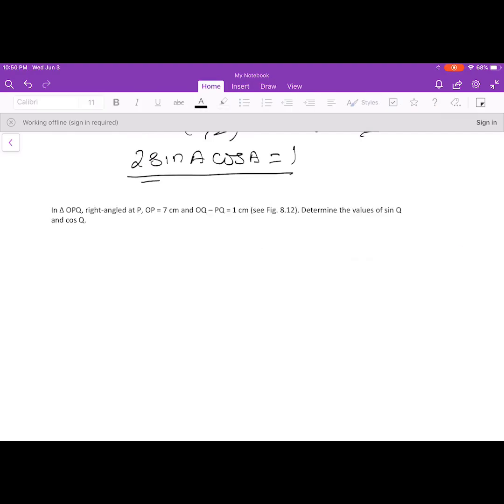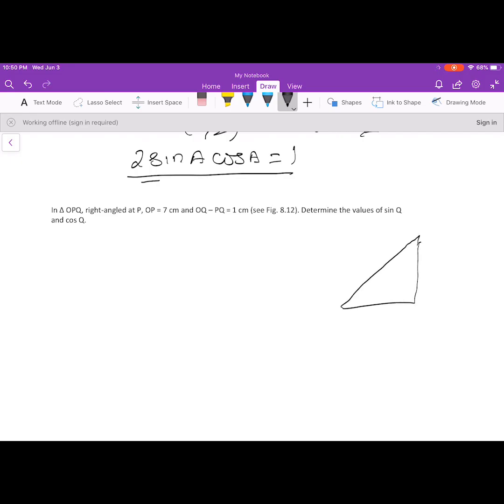The fifth example is: in triangle OPQ, right angled at P, OP is 7 cm and OQ minus PQ equals 1 centimeter. Determine the value of sin Q and cos Q. The triangle they have given is right angled at P. When I draw a right angle triangle at P, OPQ, they are saying that OP is 7.